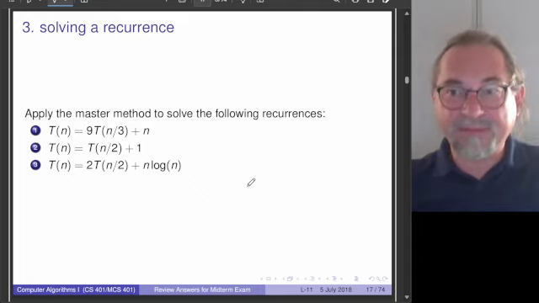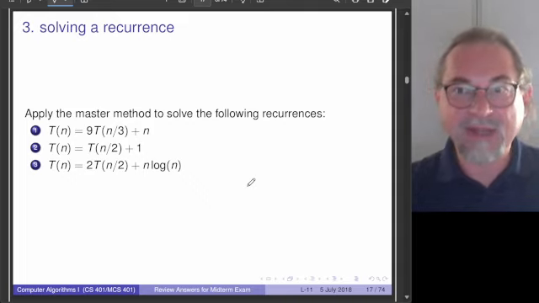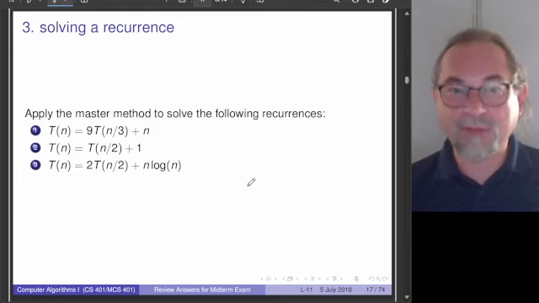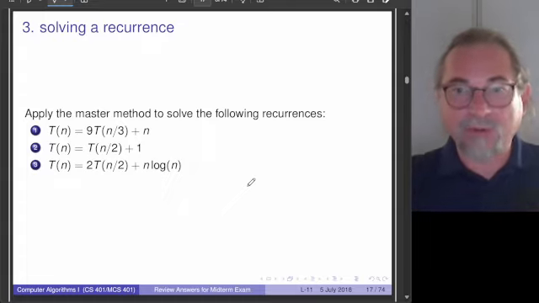It may be that we have to examine only one sub-problem, as is the case in the second question here. We may have 9 sub-problems. We may have 2 sub-problems. Dividing by a factor and the number of sub-problems, that's the first thing to look for. And then we have the combination cost, which is here n log n.